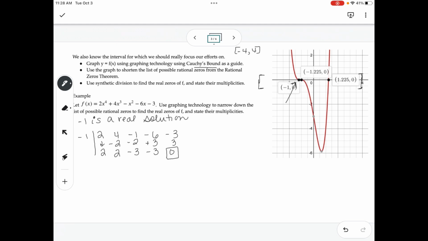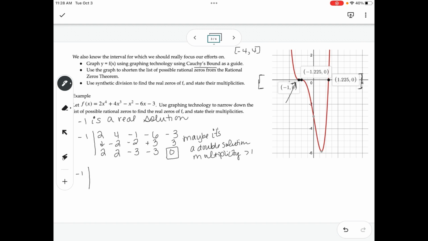But maybe it's a double solution. So maybe it has a multiplicity greater than 1 here. How do we know? We'll try again.